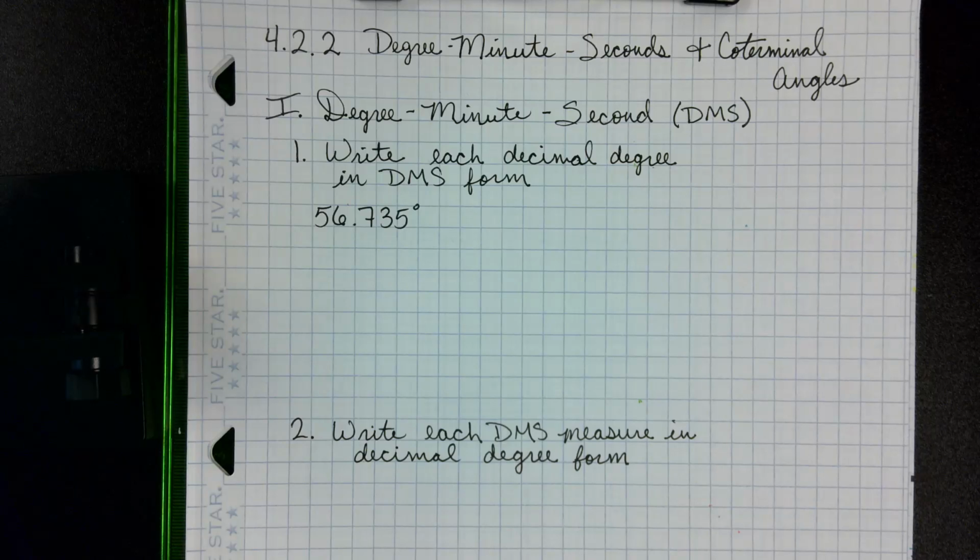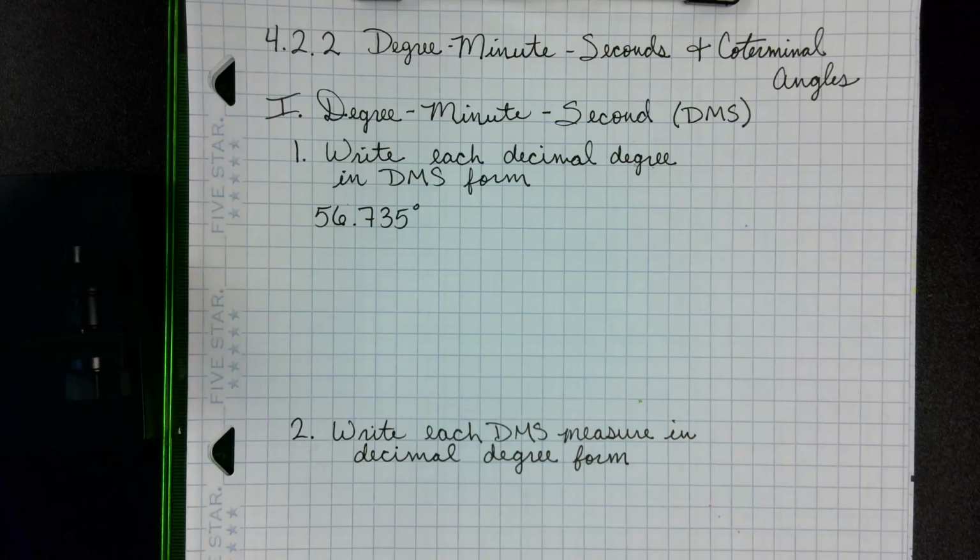Similar to if I said 5 feet 6 inches, or 5.5 feet is the same as 5 feet 6 inches. You can do that with degrees. You can take 56.735 degrees and turn it into minutes and seconds, just another way to describe it.